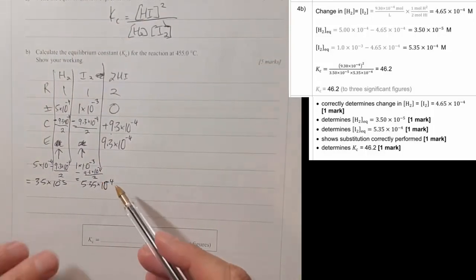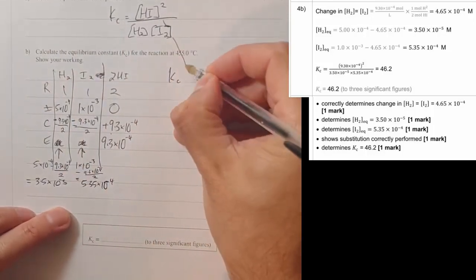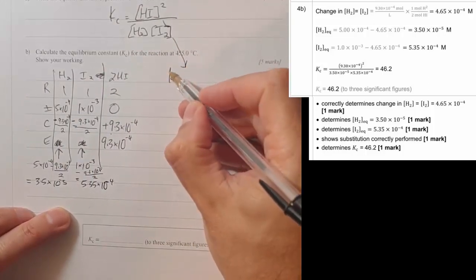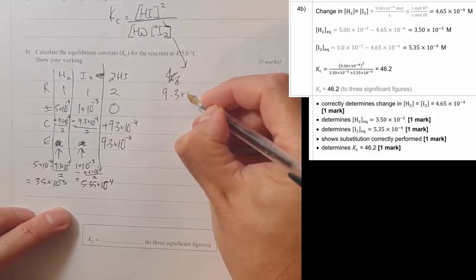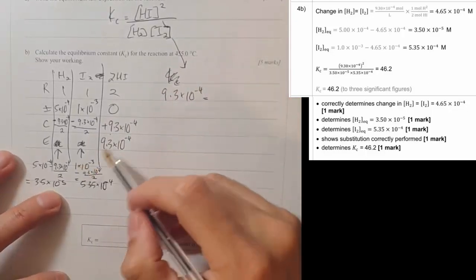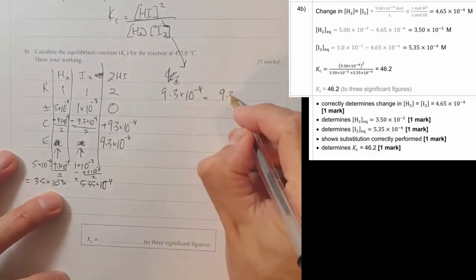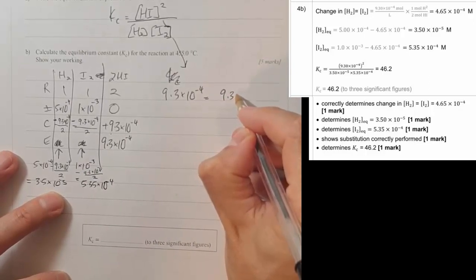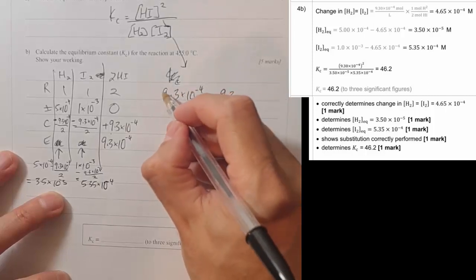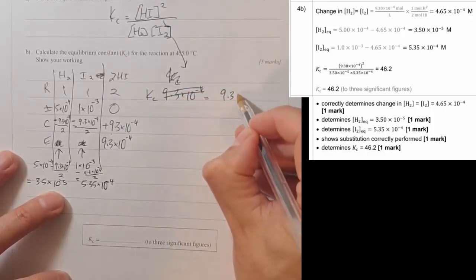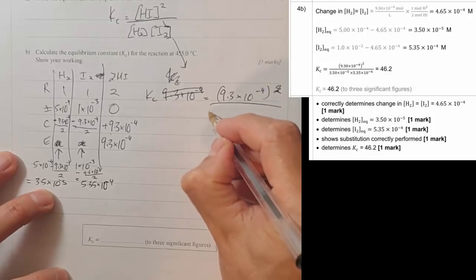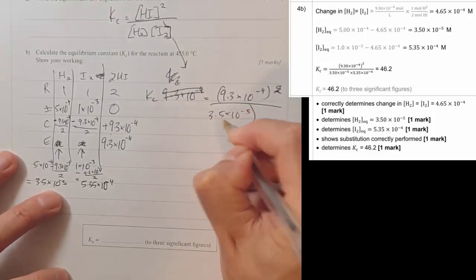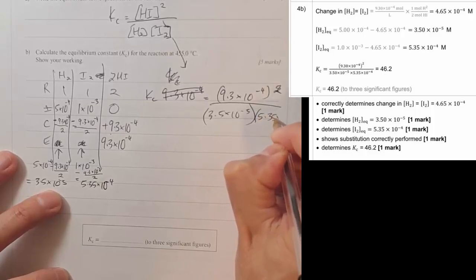All right, so where am I? So to the KC, I'm just going to draw a line there just to save. There's my formula there. So it's 9.3 by 10 to the minus 4 equals 9.3. Where's my KC? Do I have a KC? Calculate the KC. No, I don't have a KC. All right, 9.3 by 10 to the minus 4 squared divided by 3.5 by 10 to the minus 5 times 5.35 by 10 to the minus 4.